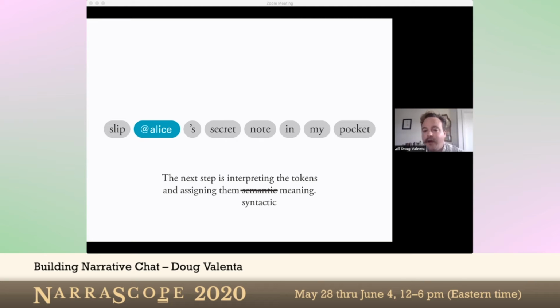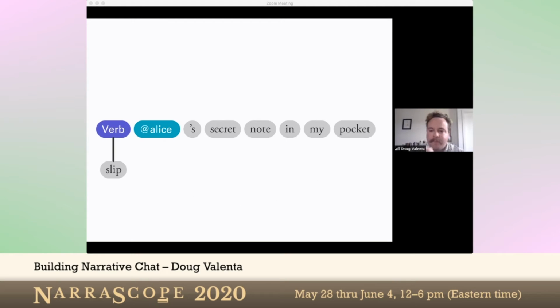We're not trying to figure out what does it mean to slip a note into a pocket, and how does that affect the relationship between a note and a pocket, and is that allowed? But rather, we're trying to understand the syntax, how these tokens participate in the syntax of what this person who wrote this emote is trying to say, and what they're trying to add to a story.